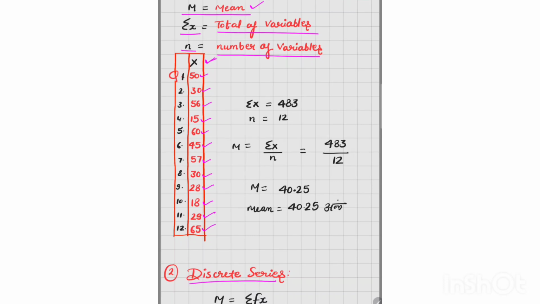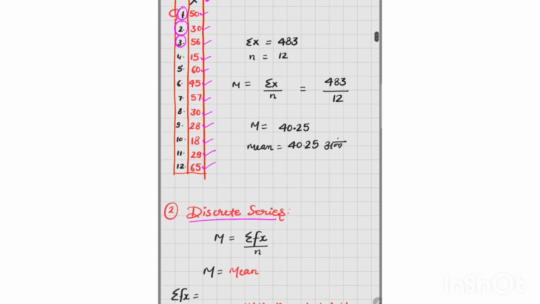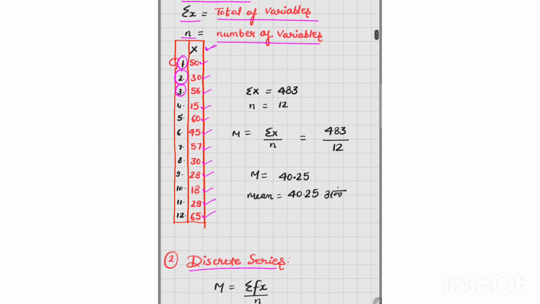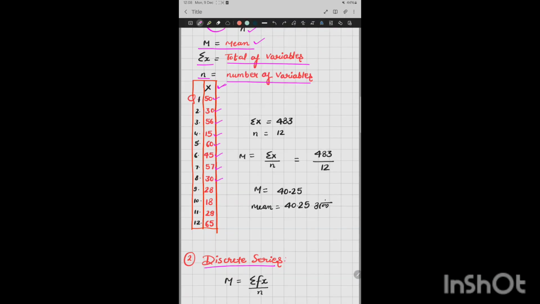For my own convenience, I have also given them numbers, like how many numbers there are. I think the first and foremost step of any calculation should be that you look at the formula. So here we have a single series, and look at these numbers, 28, 18 and 29, 65.